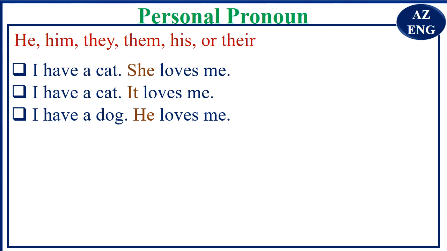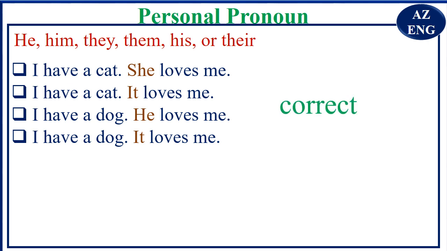It is correct. Or say, I have a dog. It loves me. It is correct. So she loves me or it loves me. Talking about animals, he loves me or it loves me. All of them are correct.